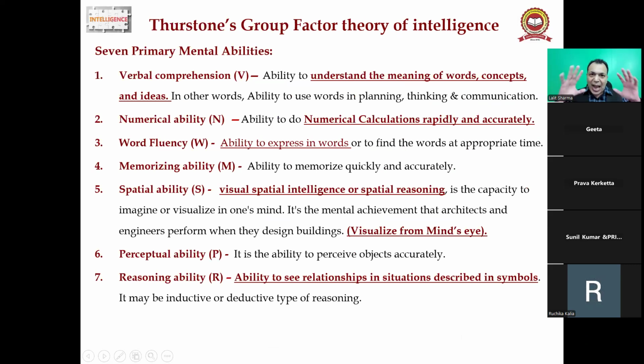Thurston applied different tests on the children, and now the concept is justified: a baby is born with so many powers, so many intelligences.